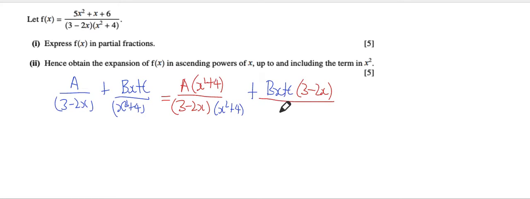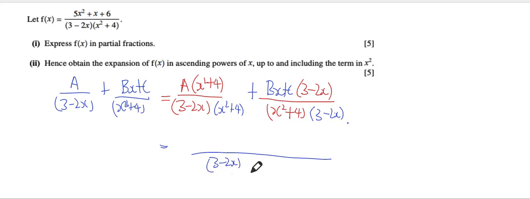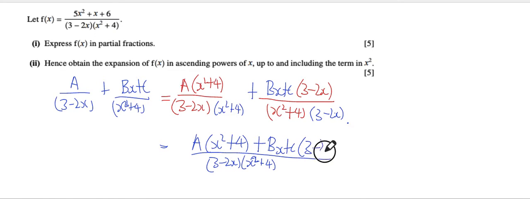Our common denominator is 3 minus 2x times x squared plus 4. On top, the numerator is A times x squared plus 4, plus Bx plus C multiplied by 3 minus 2x.